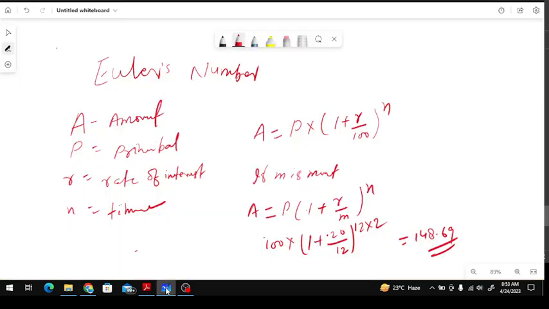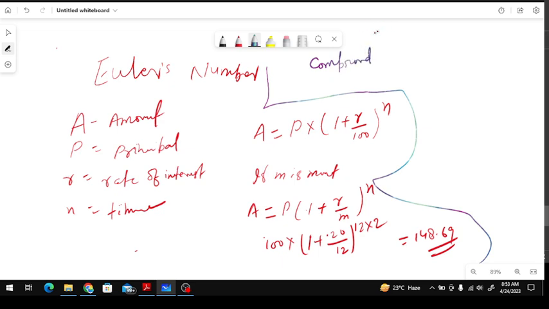If you are applying compound interest continuously, then A will equal P times e to the power rt.